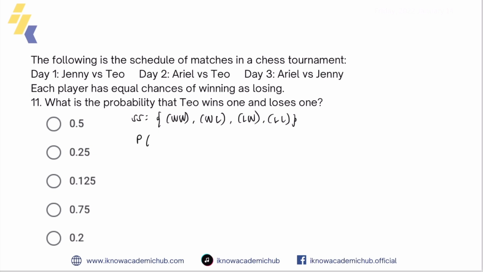So the probability of getting 1 win and 1 lose is equal to, how many elements are there? Now 1 win and 1 lose. We have 1, 2. So we have here 2 over 4. So that is 0.5. And this is the correct answer.